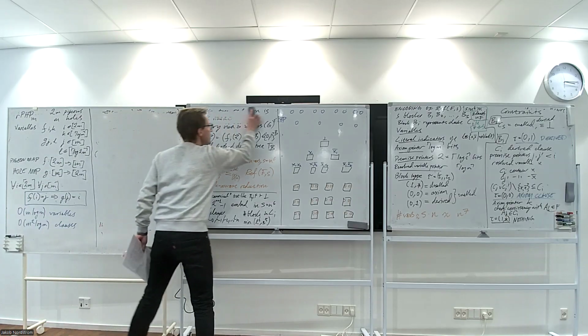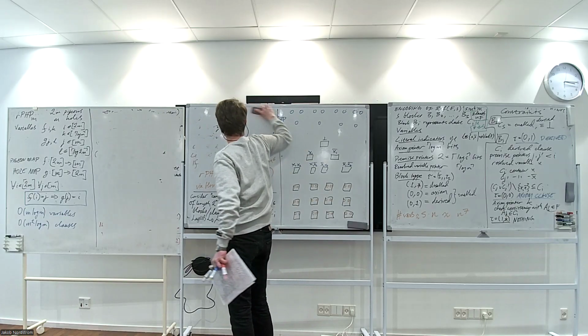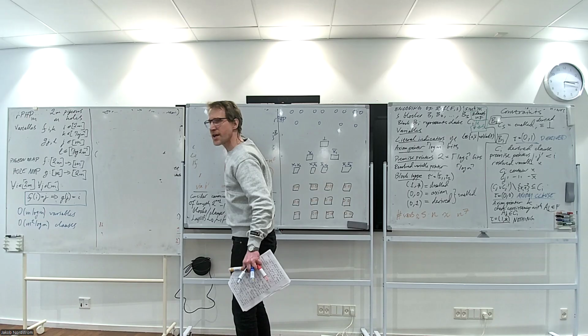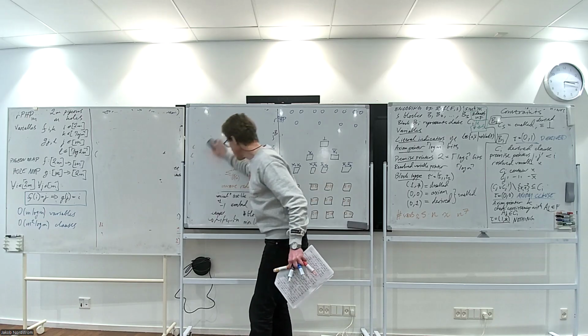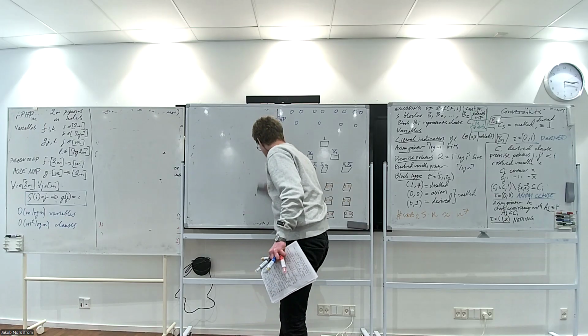So I hope that intuitively it's making some kind of sense, but what does this actually mean? We need to make the reduction block aware.